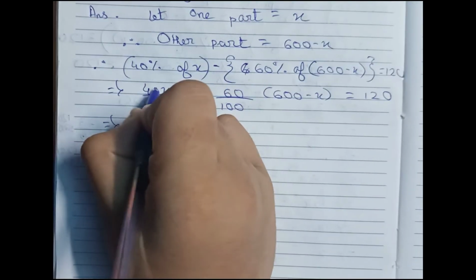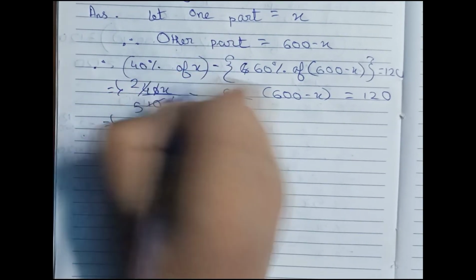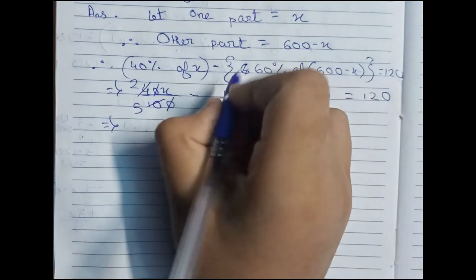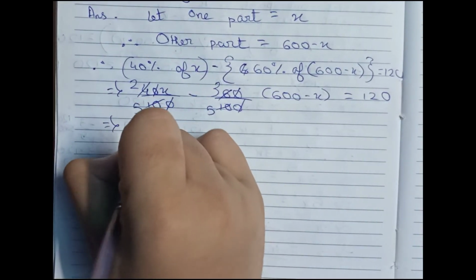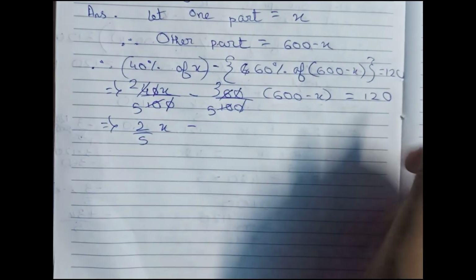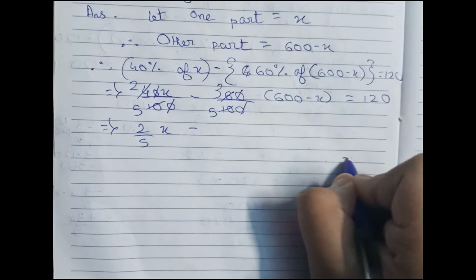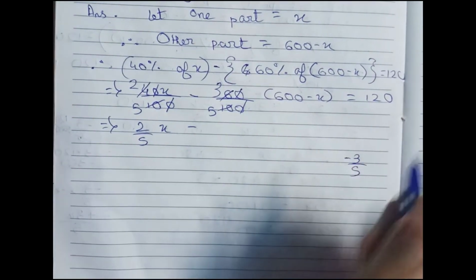So first 100, 0 and 0 we cut. Now we cut 4 and 10 by 2, that will be 2 by 5. And here also 0 and 0 we cut. Now 3 by 5, cut with 2. So it becomes 2 by 5 x minus 3 by 5. We do it in the rough first. Minus 3 by 5. Now each of these numbers we have to multiply with minus 3 by 5.